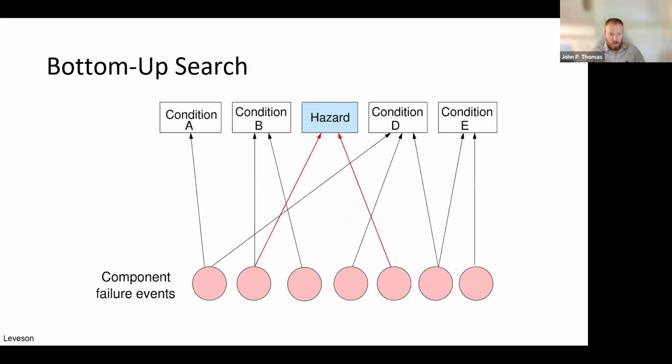But there are other approaches. There are bottom-up approaches where you start with a set of individual component failures, and then you look at combinations of those and how they propagate to a higher level hazard. This is not necessarily going forward and backward in time, because the statement at the bottom could be the exact same moment in time as the statement at the top.